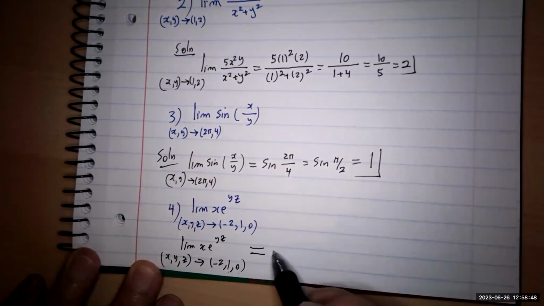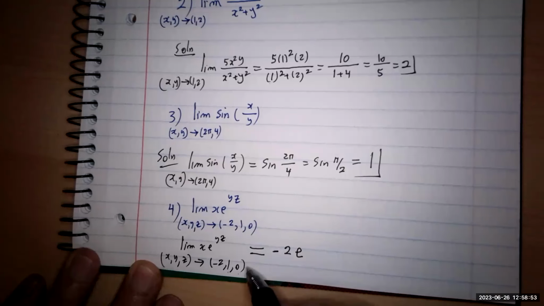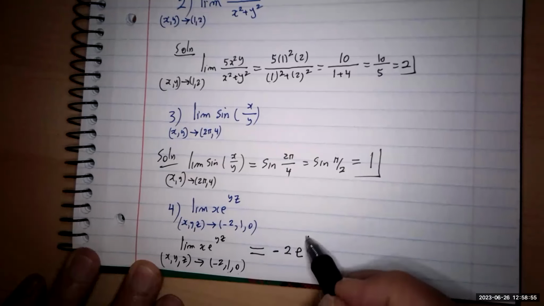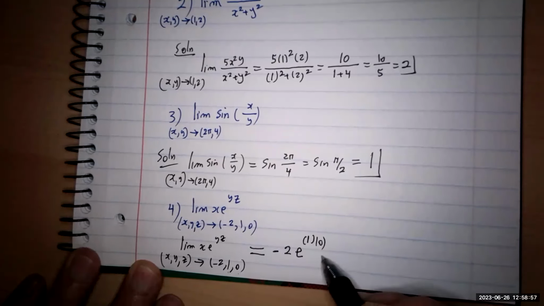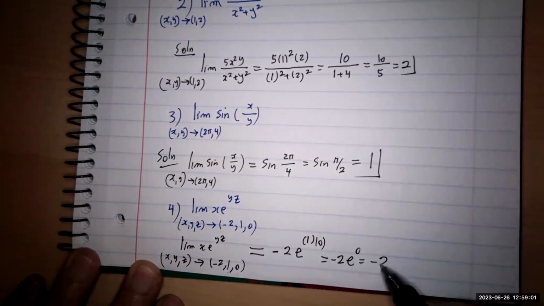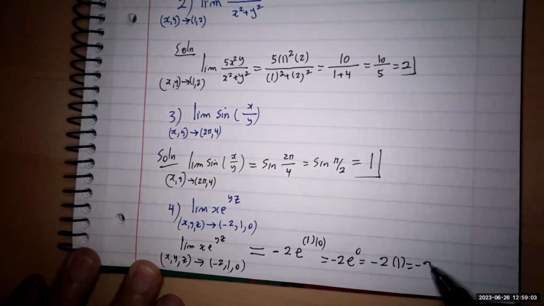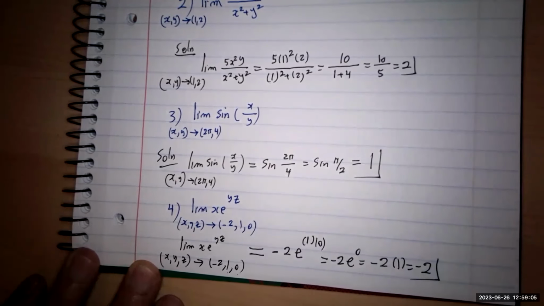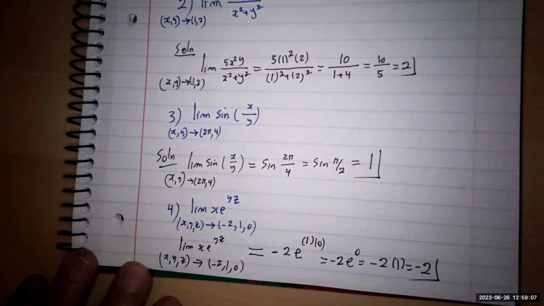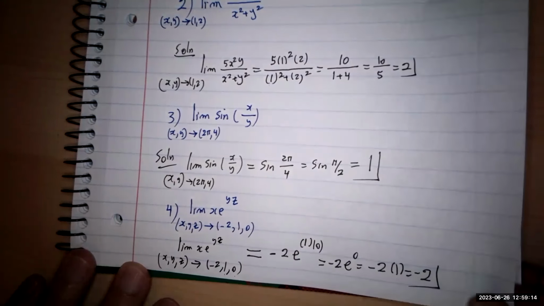So it's going to be equal to -2 e to the, y times z, which is 1 times 0. So -2 e to the 0. e to the 0 is 1. -2 times 1 is equal to -2. And then you're done. Okay, so far so good. Any question?